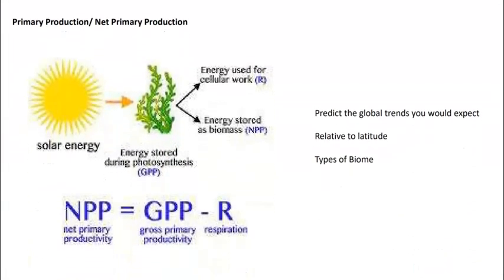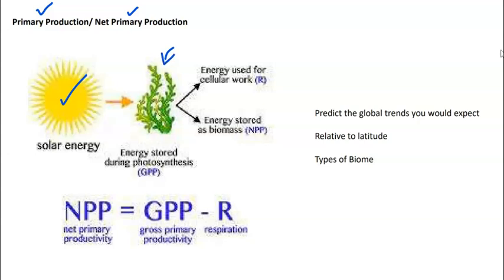Within the photoautotrophs, we have the concept of primary production and net primary production. Of course, we have the incidence of solar radiation captured by our photoautotrophs, our plants here.